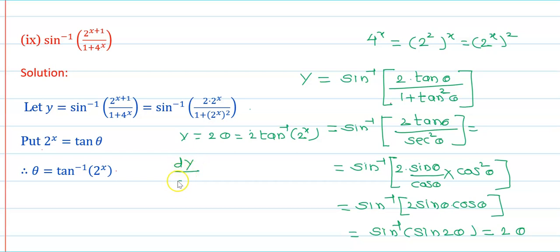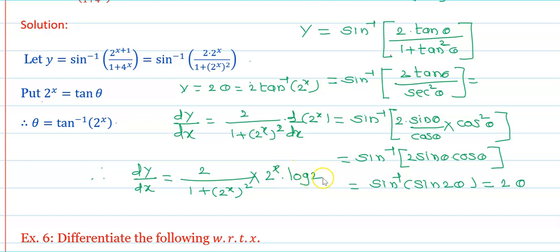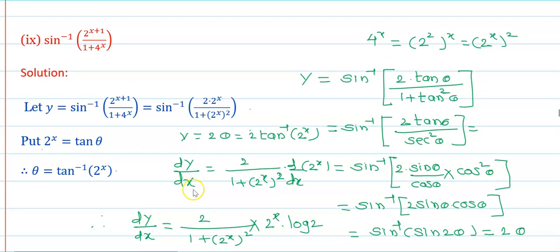Therefore, dy by dx equals 2 times the derivative of tan inverse of 2^x, which is 1 upon 1 plus (2^x) squared into d/dx of 2^x. Hence dy upon dx equals 2 upon 1 plus (2^x) squared, and the derivative of 2^x is 2^x into log 2, or it can be written as 2^(x+1). Okay. And that will be the answer.